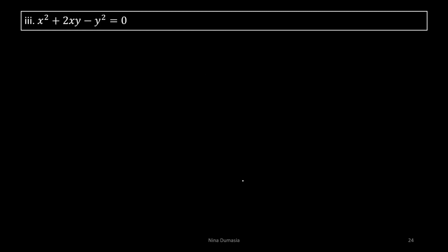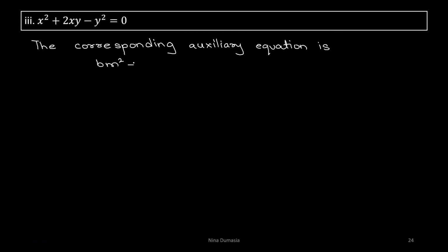In the third subpart we have x square plus 2xy minus y square is equal to 0. Here it is going to be difficult to factorize this. Okay? This will not split like this. So for this we convert to the auxiliary equation. The corresponding auxiliary equation is given by this.